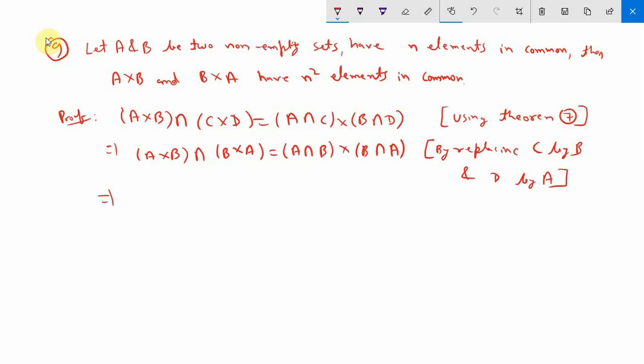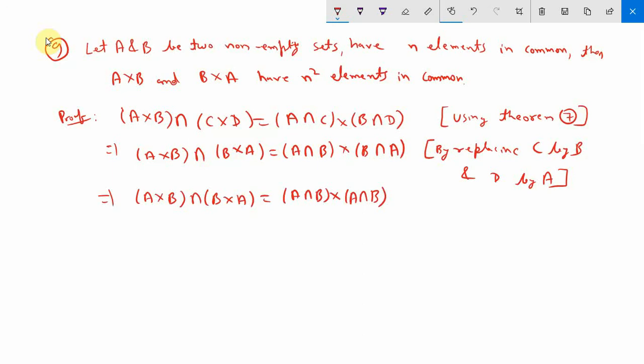So from this we get (A × B) ∩ (B × A) equal to (A ∩ B) × (A ∩ B) we can write.